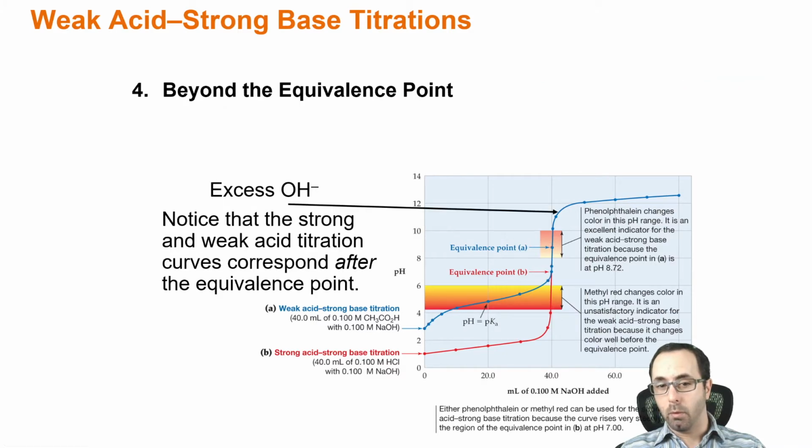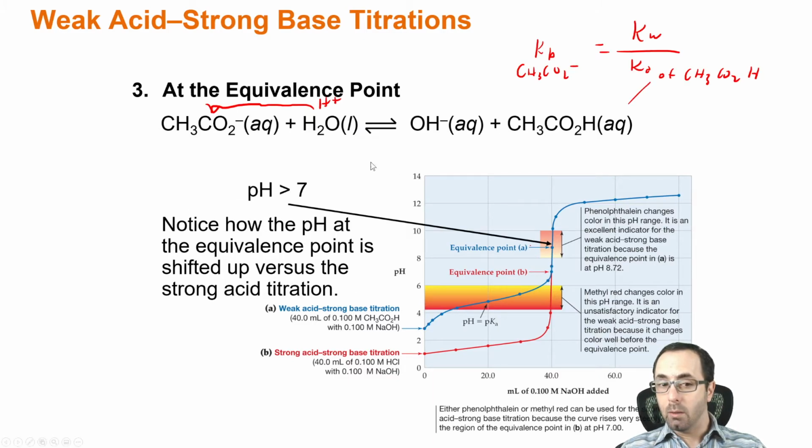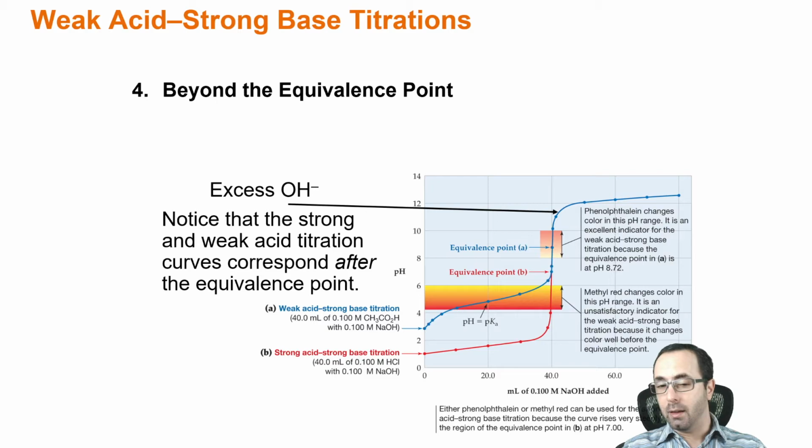After the equivalence point, there's no equilibrium. After the equivalence point, all that matters is how much more strong base you add. Is there going to be some of this weak base left, the conjugate base? Yes, but its contribution to the pH is going to be so small that it's not going to matter.